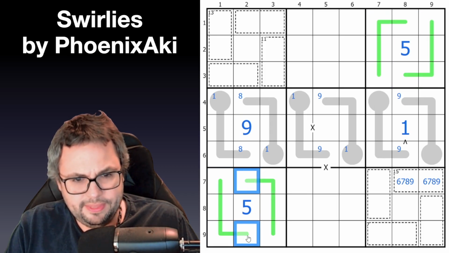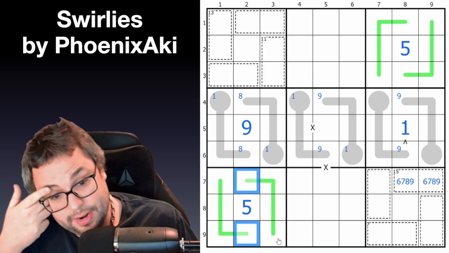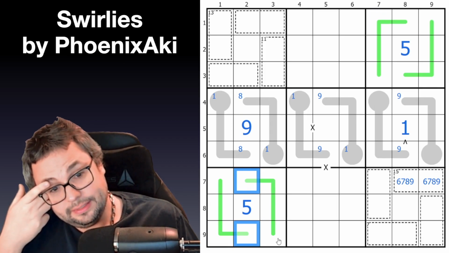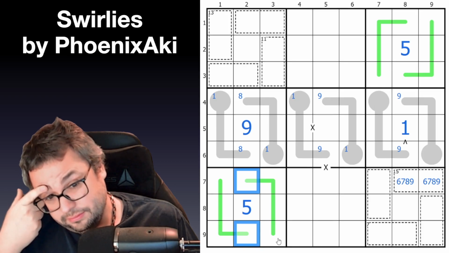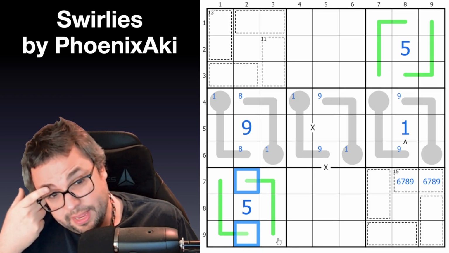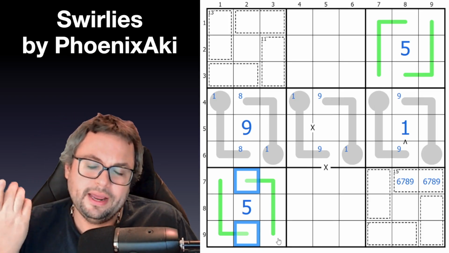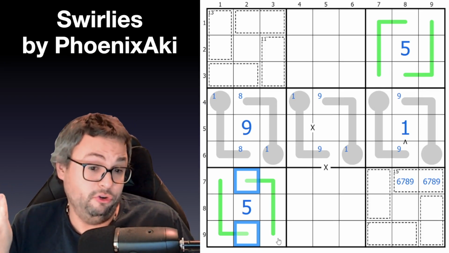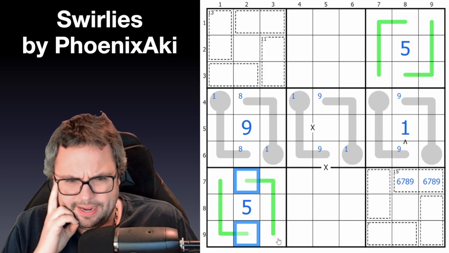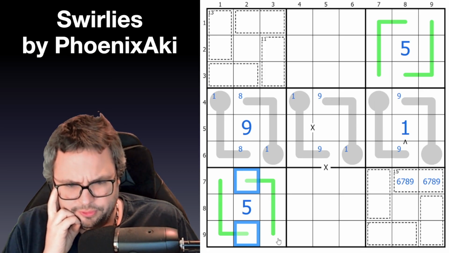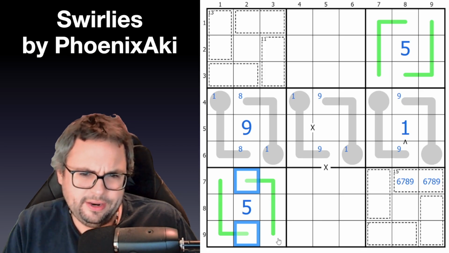And so neither of these digits is 8 or 9. That doesn't feel satisfying yet. It doesn't feel like it's doing anything yet that I'm able to discern.